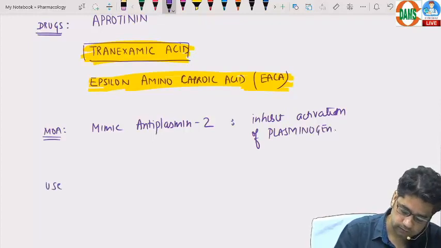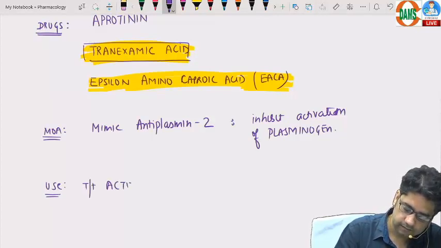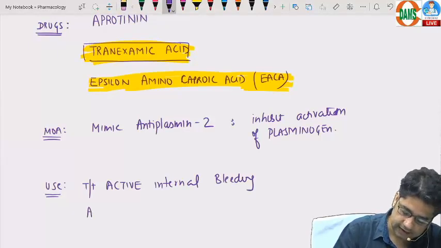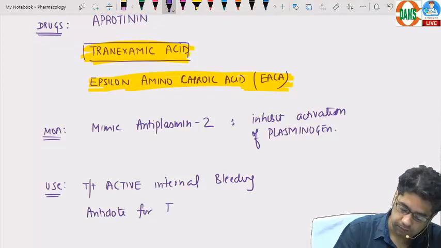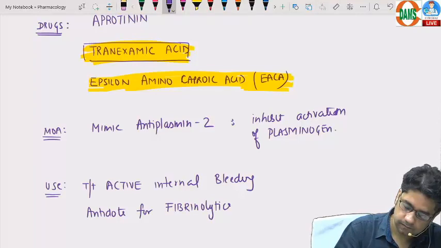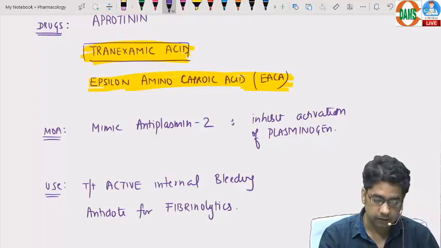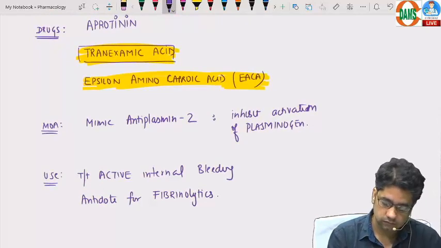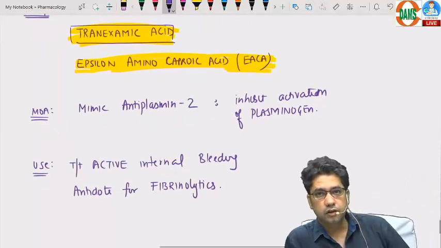Use: treatment of active internal bleeding and antidote for fibrinolytics. है ना?